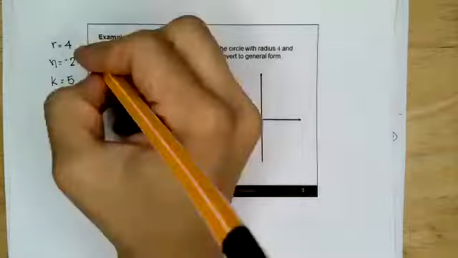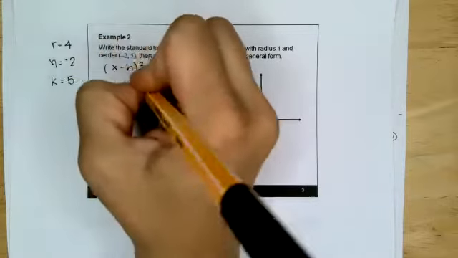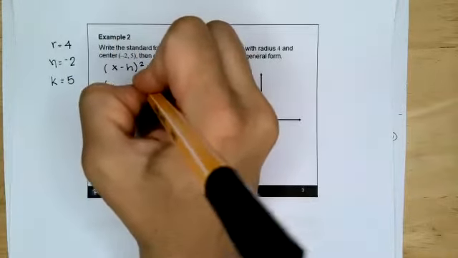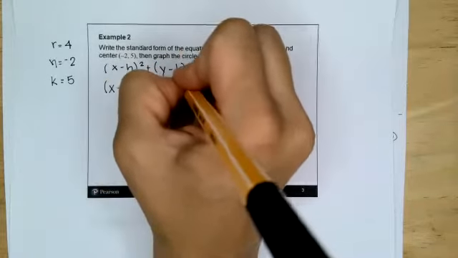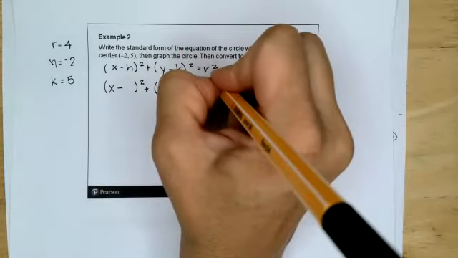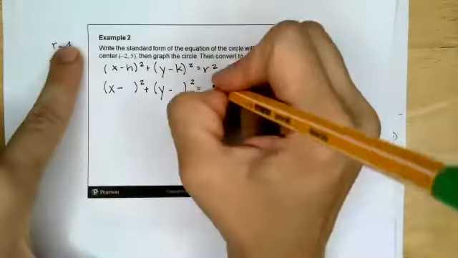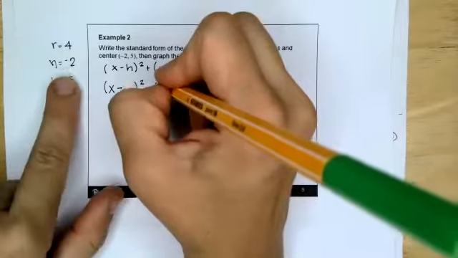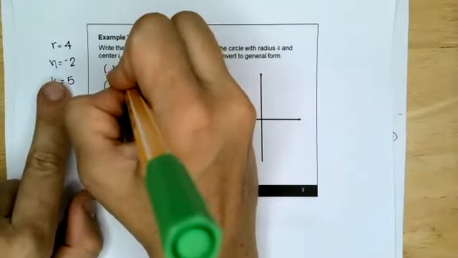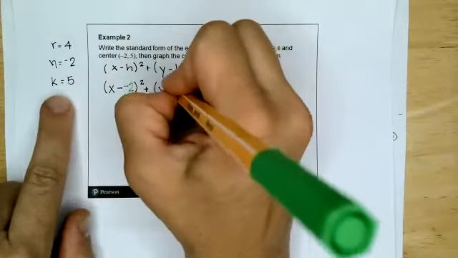So I have x minus, remember we always change the sign, squared, plus y minus squared equals radius squared. So again, I'm just rewriting that, but now I'm going to input everything. My radius is a 4. My h is a -2, and my k is a +5.